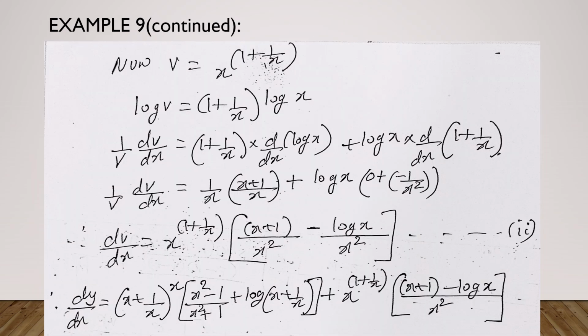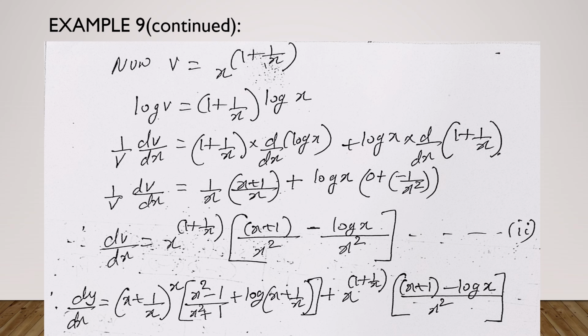Similarly, we find the derivative of v is equal to x raised to 1 plus 1 upon x. Again, take log on both the sides. Remember, in this case, you have to take care by simplification. Just use the chain rule, multiplication rule, but take care while doing the simplification.